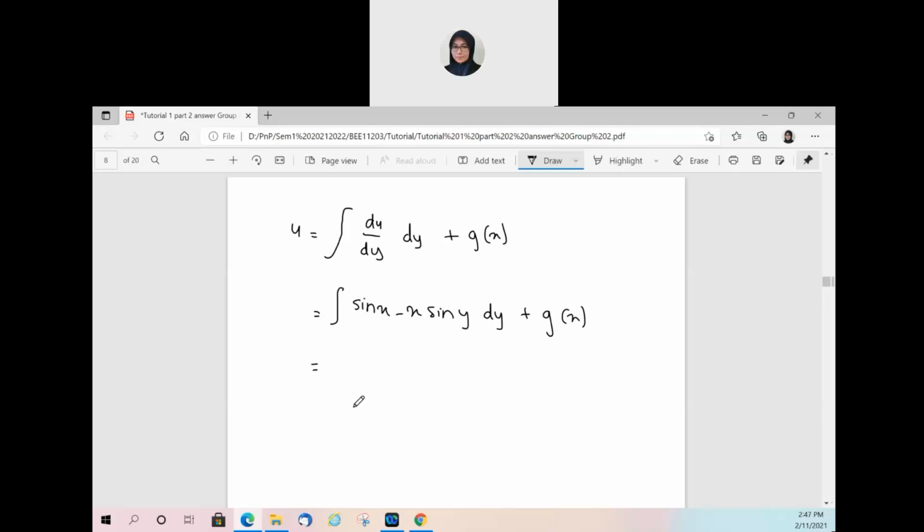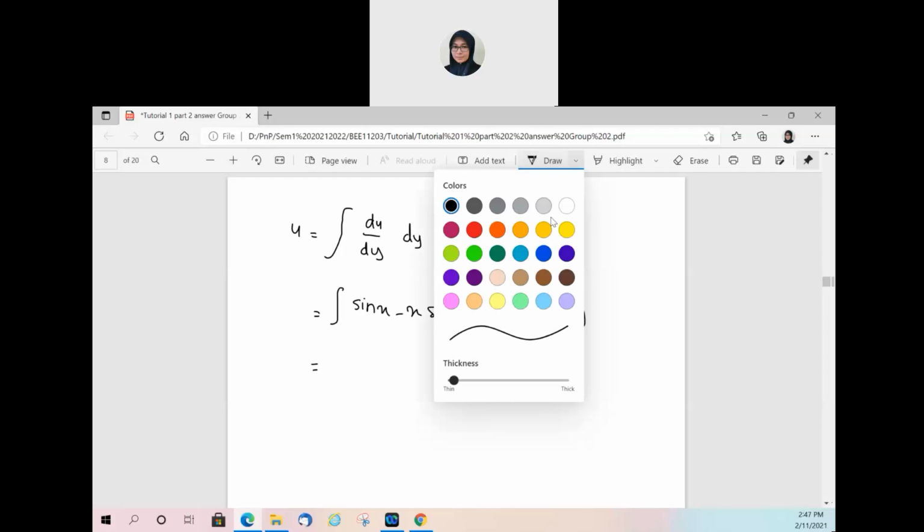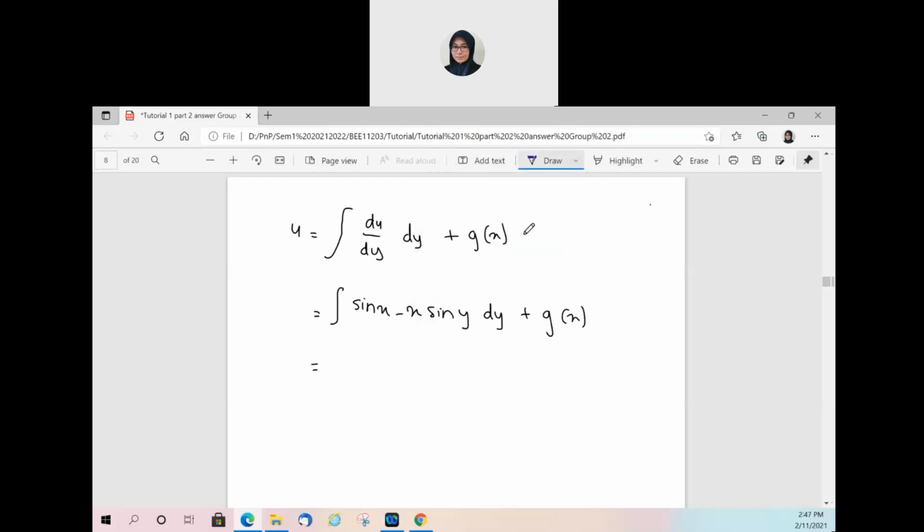Saya bagi contoh kalau you integrate. Let's say you integrate 1 with respect to dy. Apa you dapat?